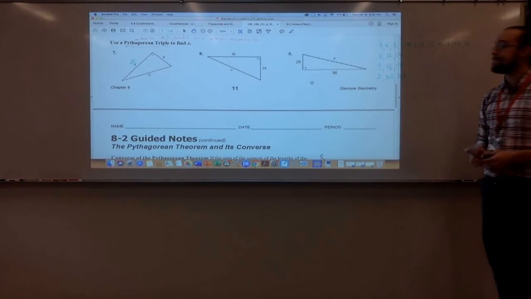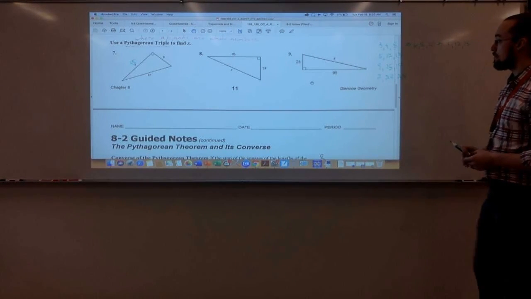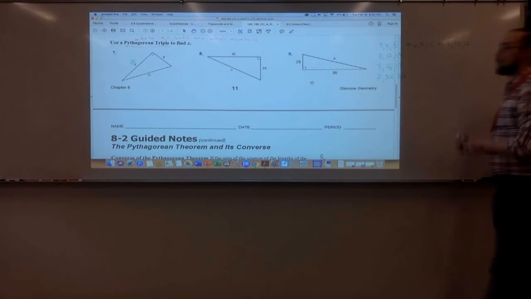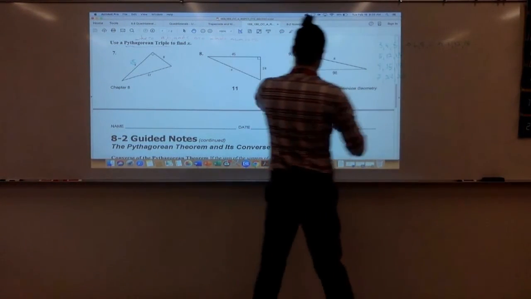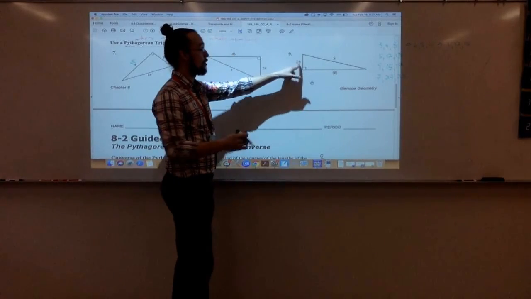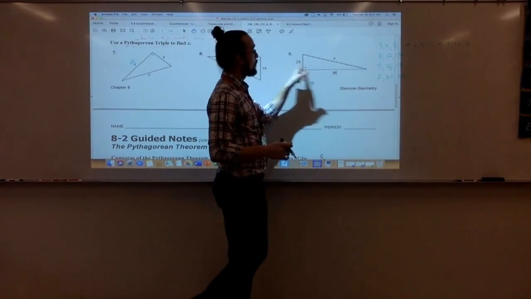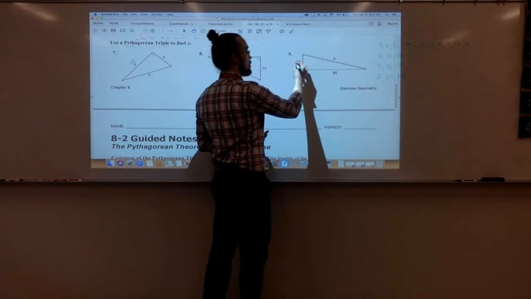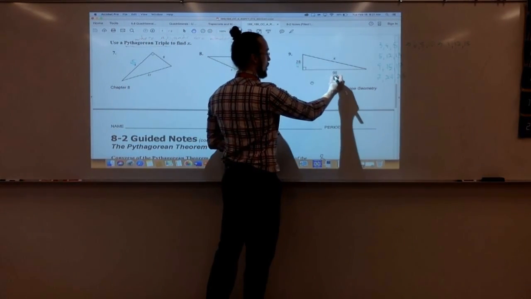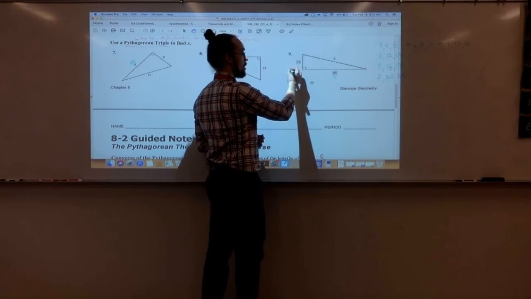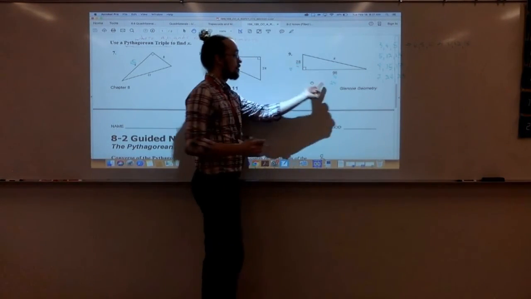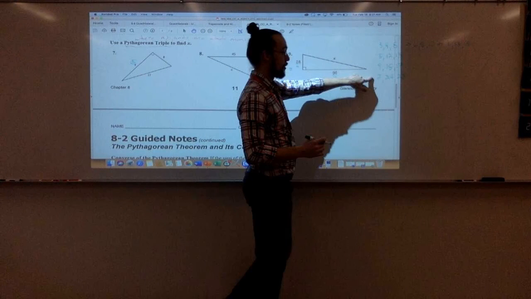So number 9 would be 100 because 7 times 4 is 28. Exactly. So the idea, if I recognize both of these numbers are divisible by 4, right? So if I divide by 4, we would get that this side is 7, and this is 24. So that fits this Pythagorean triple.